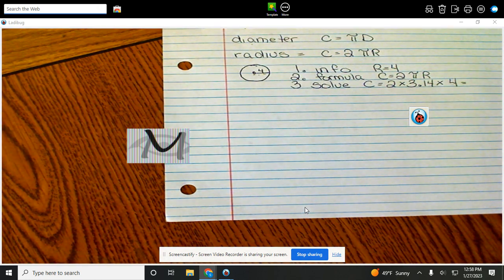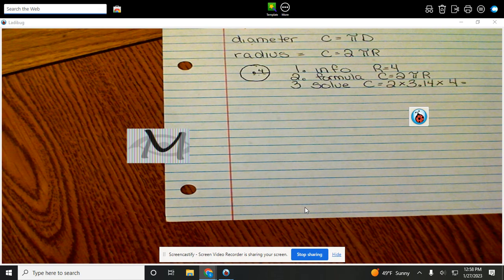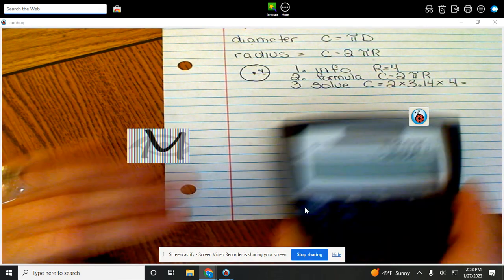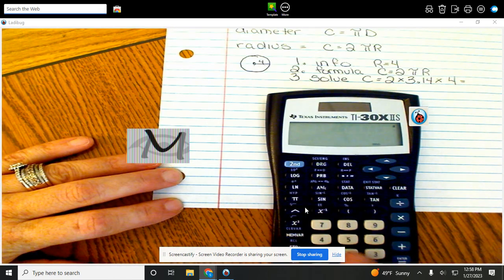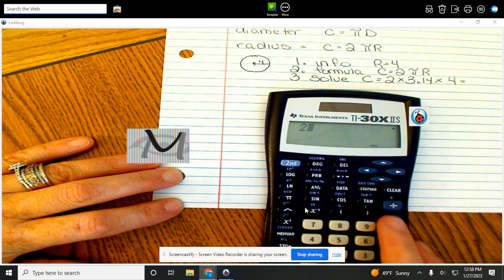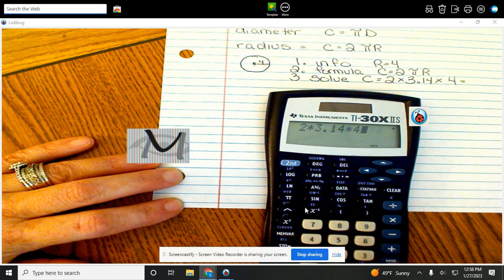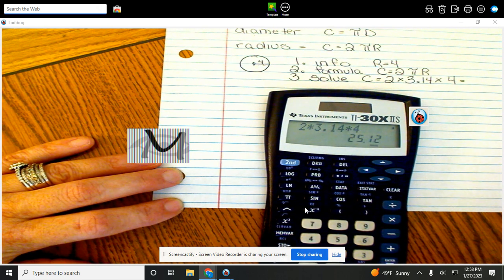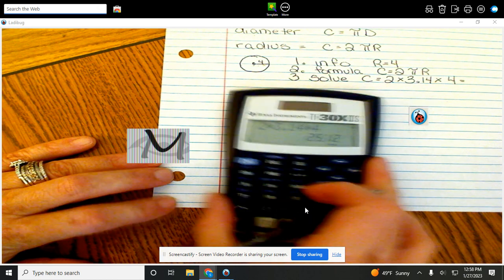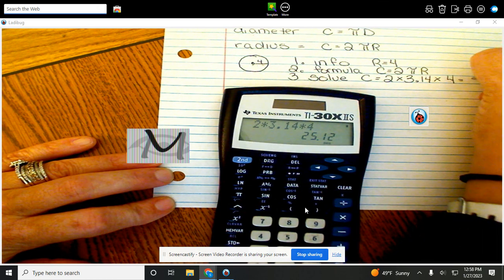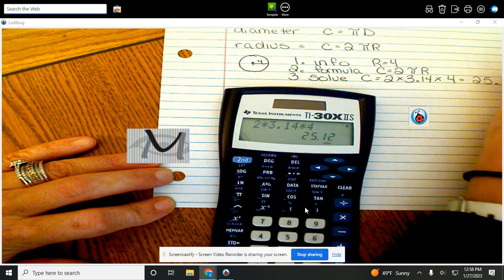So if we were to grab a calculator and put inside the calculator 2 times 3.14 times the radius, which is 4, this circle would have a circumference of 25.12.